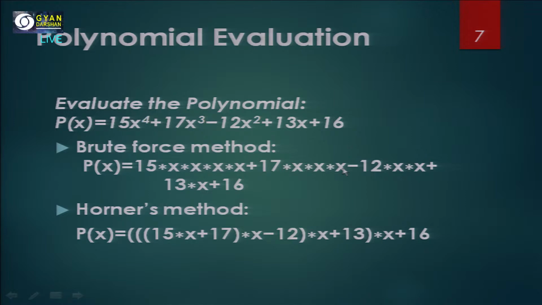Similarly, x cube here, so we multiply x three times, and the coefficient 17. Now here you can see we have multiplied 12 with x and x square. This is 13 into x, and this is just a constant, and we add all these values, and we get the value of the polynomial at whatever x value you might specify. So this is the brute force method.